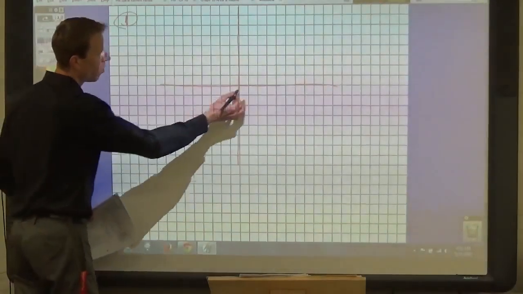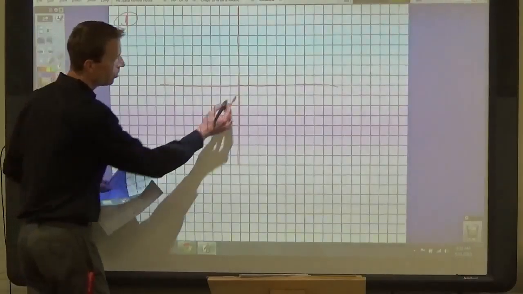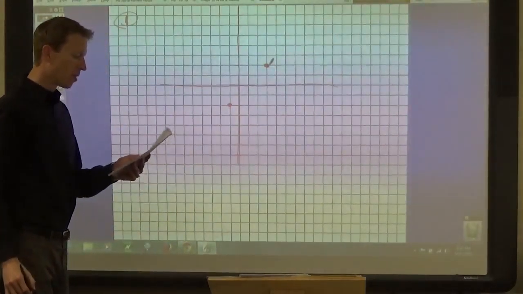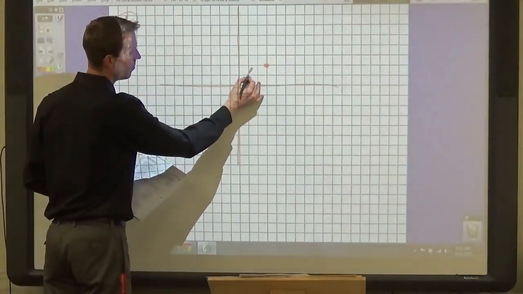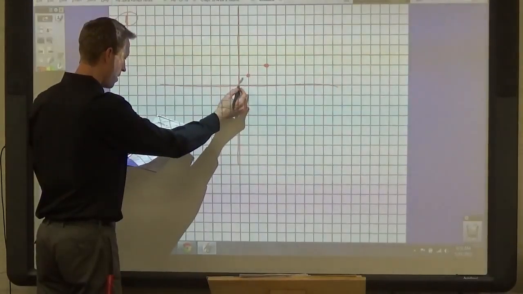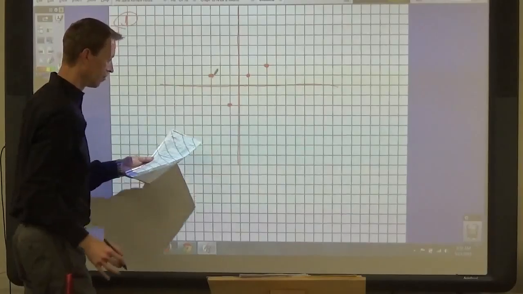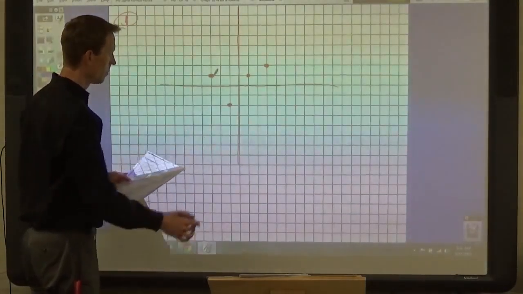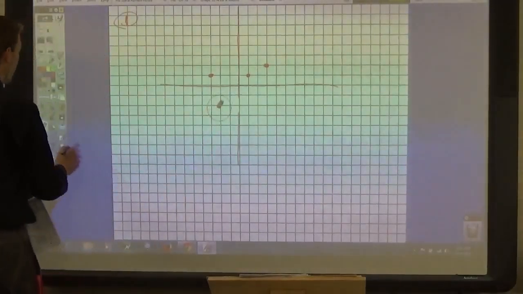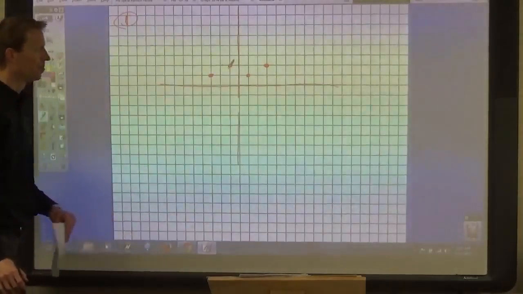So graph -1, 2. 3, 2. 1, 1. And -3, 1. Oh, I'm sorry, I did -1, -2. That's why it didn't look very much like a parallelogram. -1, 2. There we go.